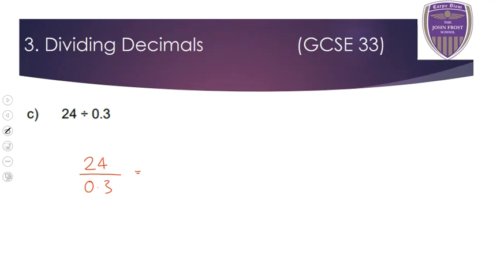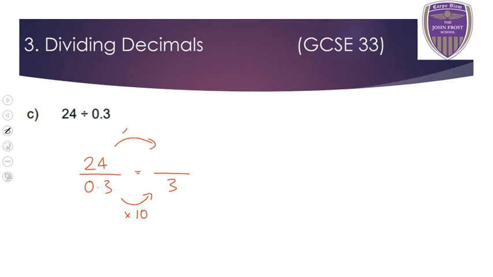And then we do an equivalent fraction. We've just learned that we know how to divide by a whole number. So if we could make this into a whole number by timesing it by something, we can do the same on the top, and then it makes it a little bit easier for us. So if I wanted to change 0.3 into a whole number, so into 3 instead, I would times by 10, all right?